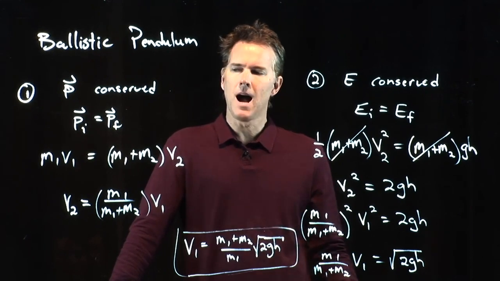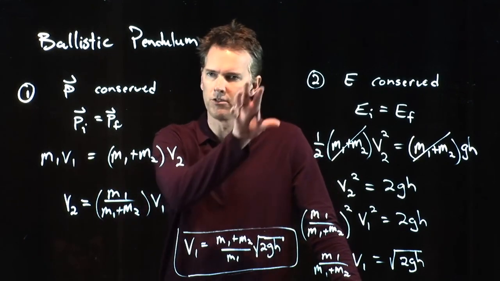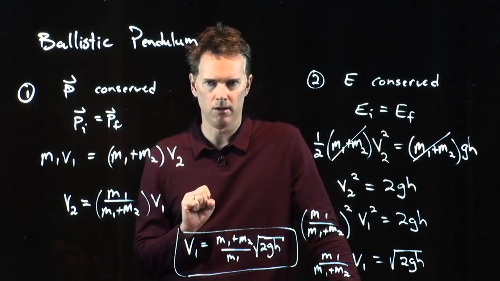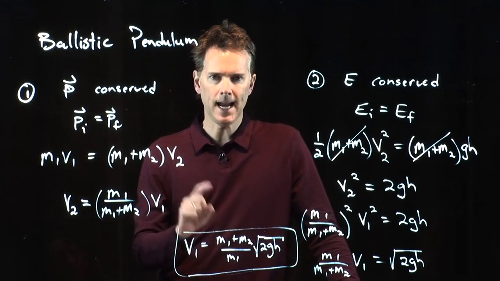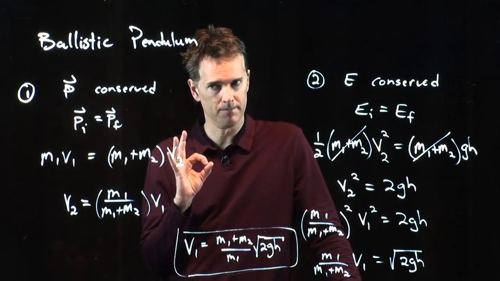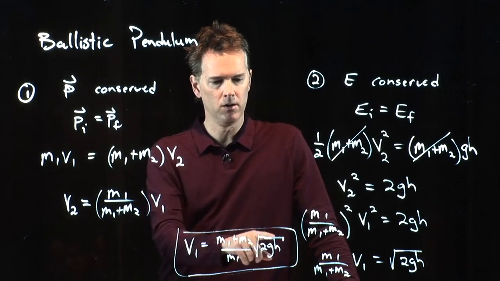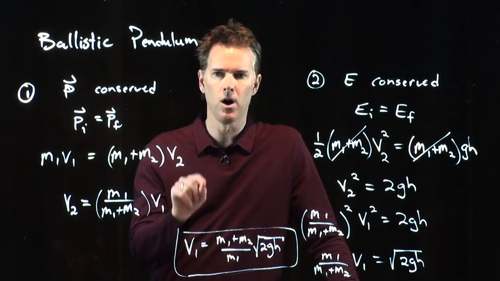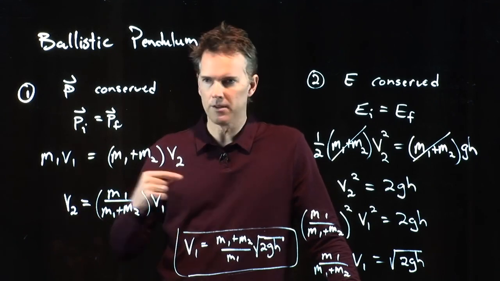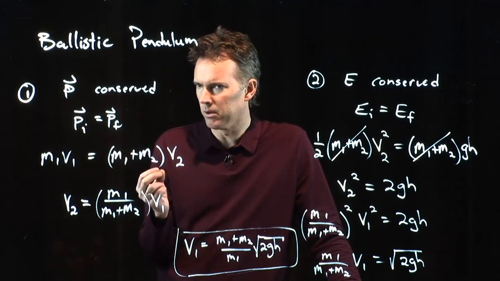Let's say the wood block doesn't move at all. What would h be in that case? 0, right? If h is 0, this says that v1 is going to be 0. That makes sense. If the bullet doesn't even hit, the block's not going to swing.